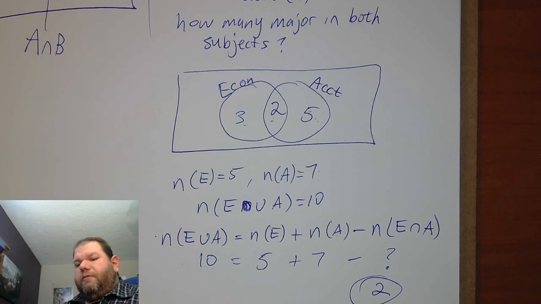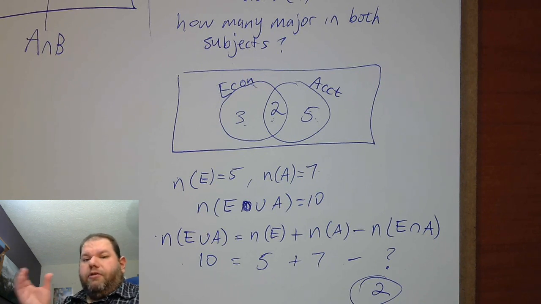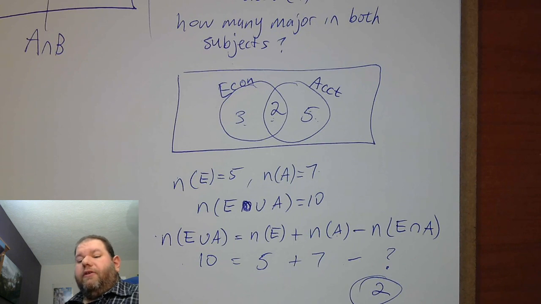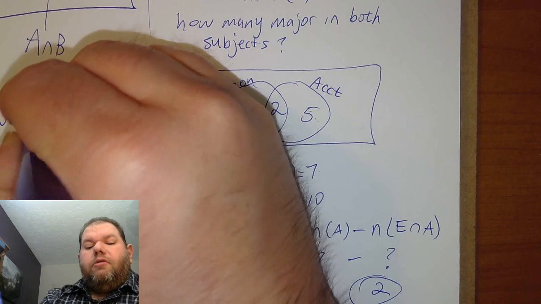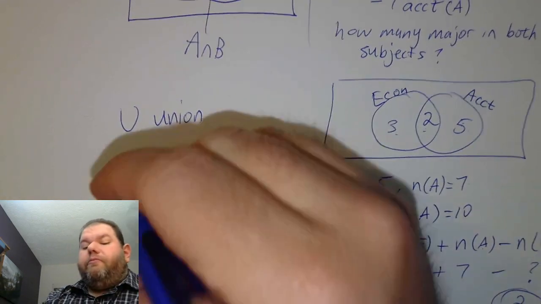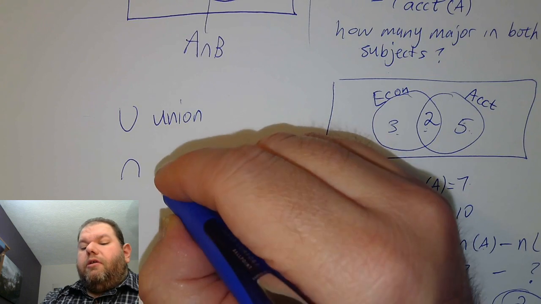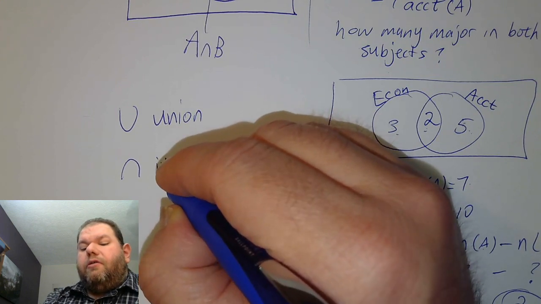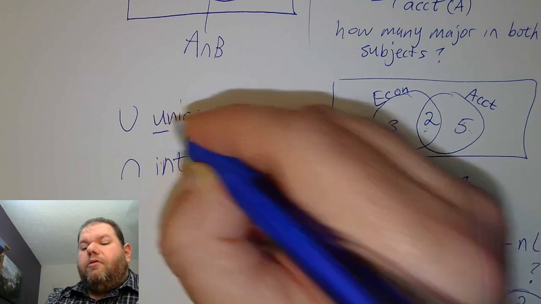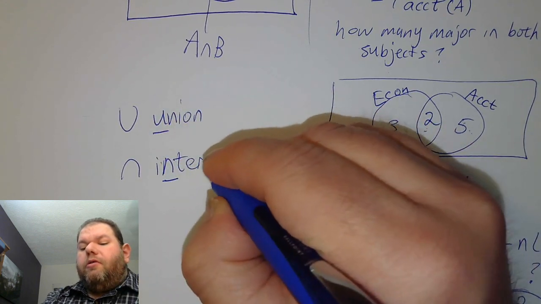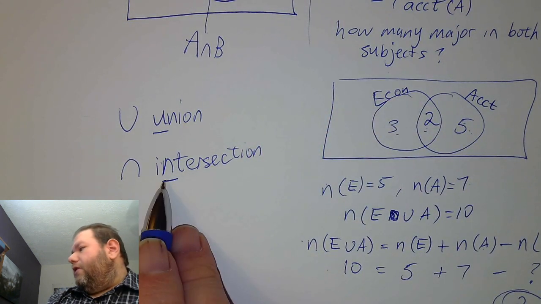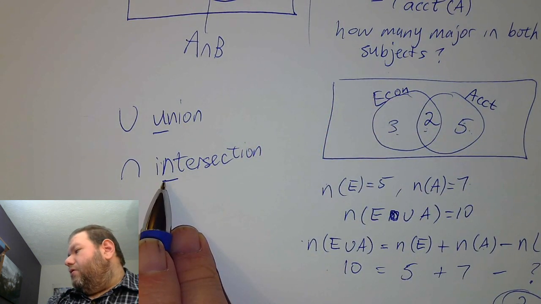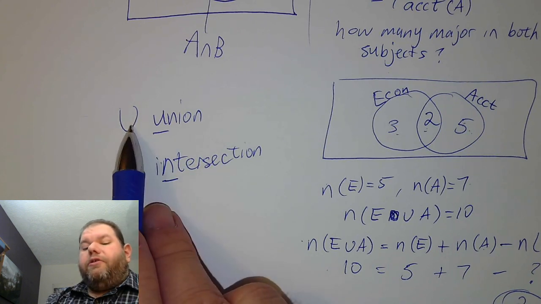Yeah, and the toughest part again is making sure, are we looking at a union or an intersection? The easiest way I remember is to connect the letter N to intersection and the letter U to union.